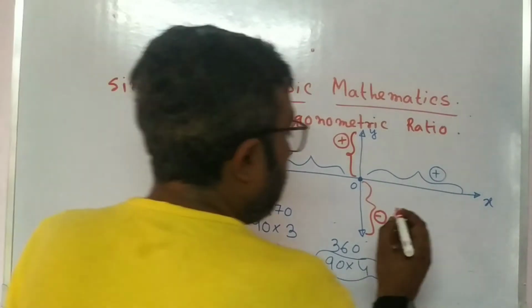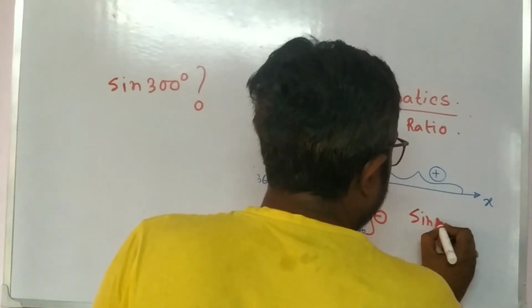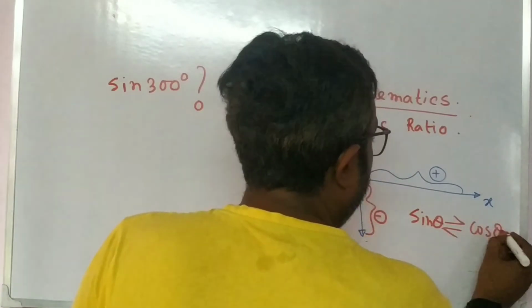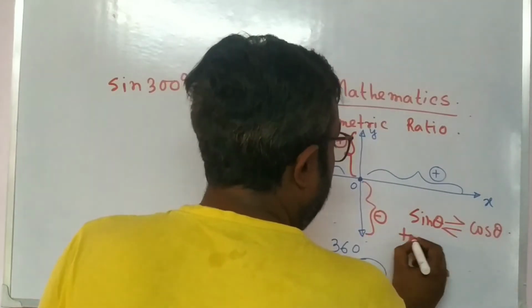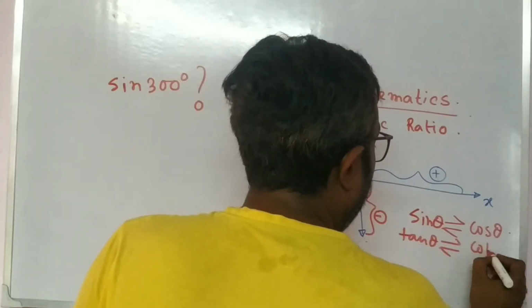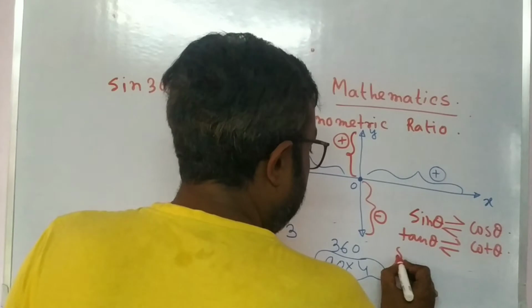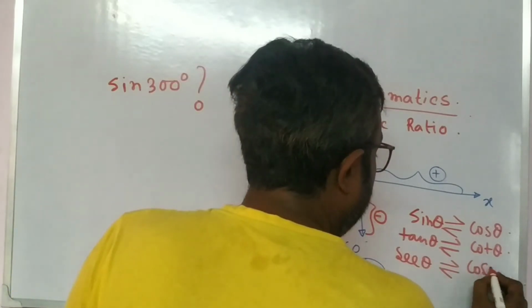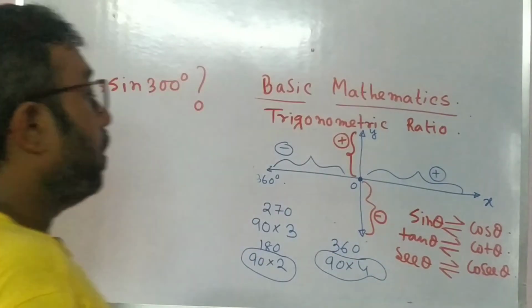That means if there is sine theta, it will convert into cos theta. If there is a tan theta, it will convert into cot theta. If there is a sec theta, it will convert into cosec theta. Okay, I hope you guys understand.